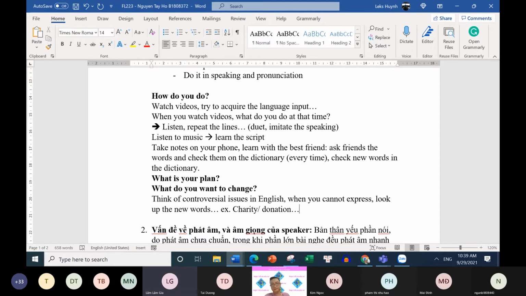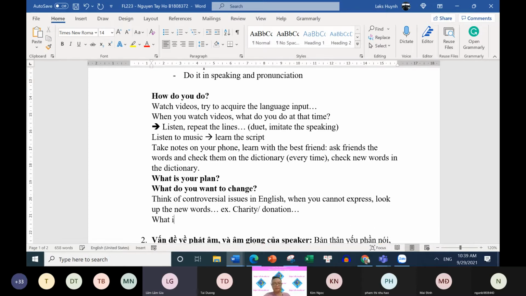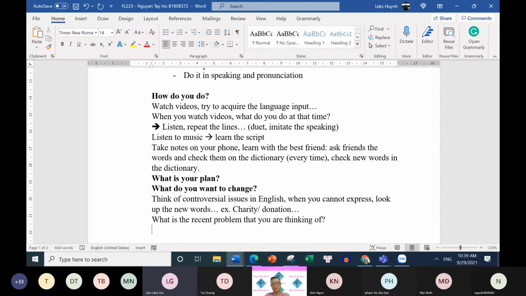Depends on the problem, sir, because anything has two sides, and when I want to listen to other people's opinions, I usually ask my friends how they think about that problem, and whether they have the same opinion as me or a different one. What is the recent problem that you are thinking of?